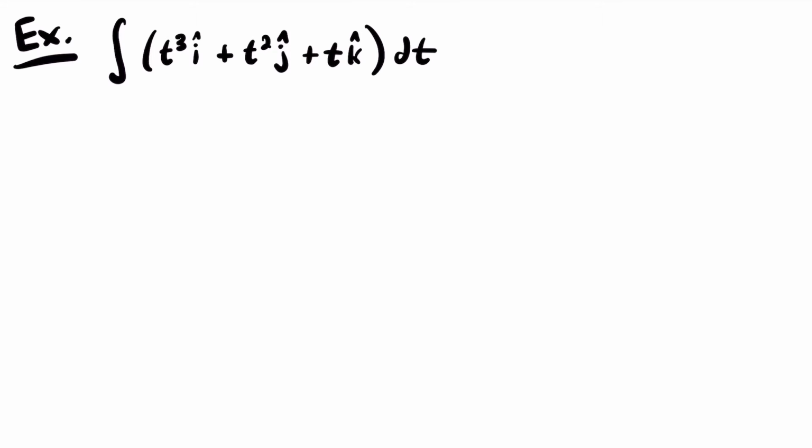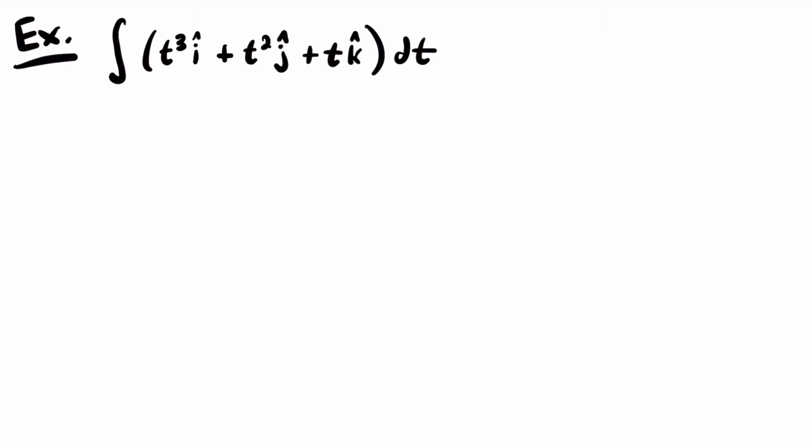Now, if the components get pretty complicated, which they will in some of our later examples, I would recommend that you write out each integral individually, solve them, and then put the pieces back together to form your antiderivative of the vector function.